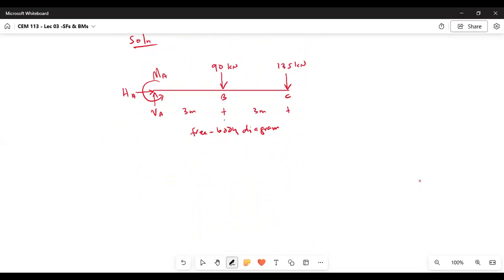What we learned was that when it comes to a cantilever, first take moment about the support.